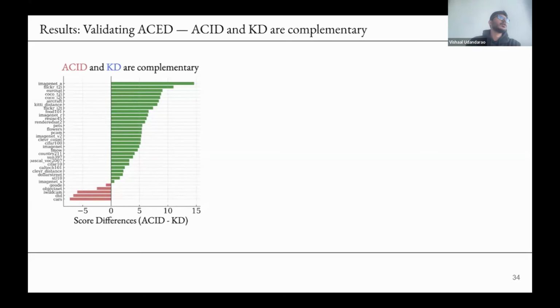This is essentially because while you do this active data curation, you might be making the tail of the distribution worse. So you don't actually sample from the tails of the distribution because you are filtering into a very narrow, actively curated data distribution. And hence, KD might just be improving on those particular tailed evaluation data sets.